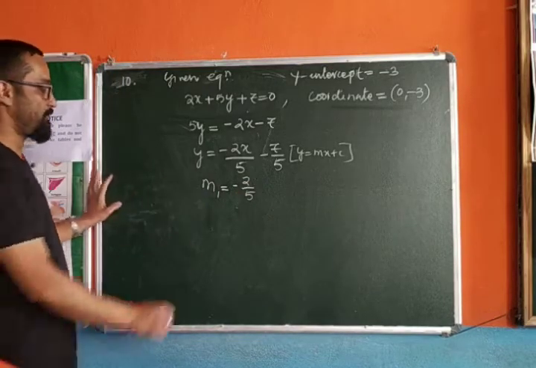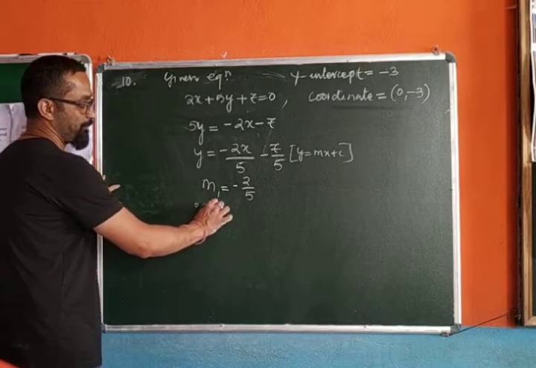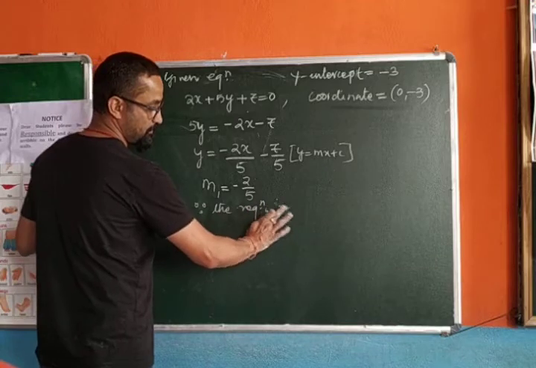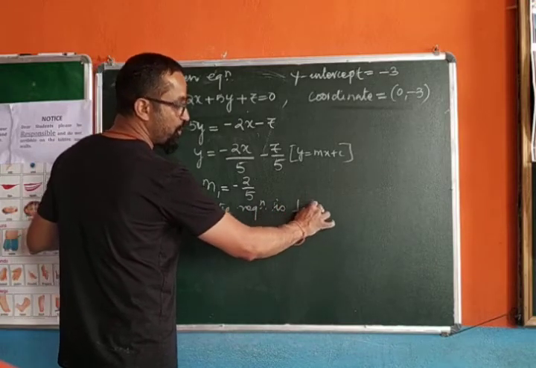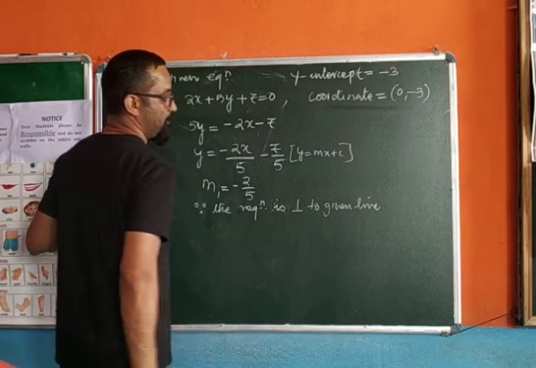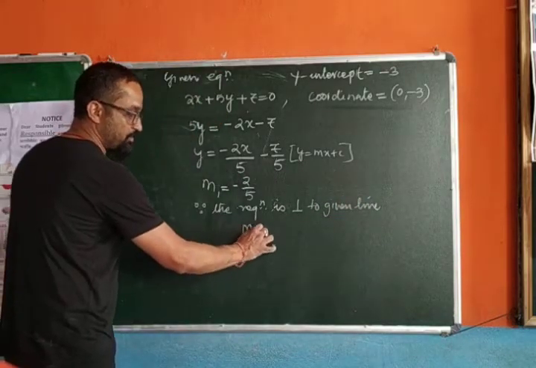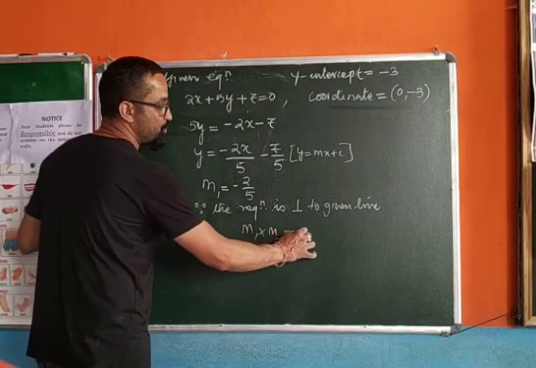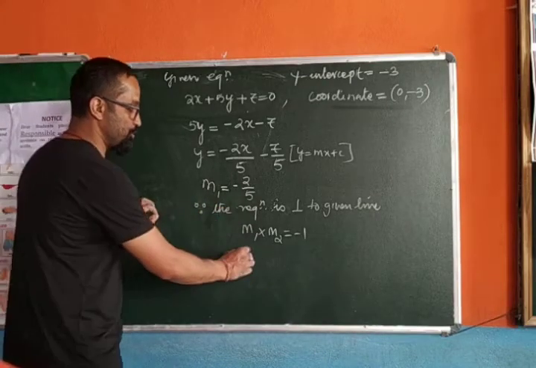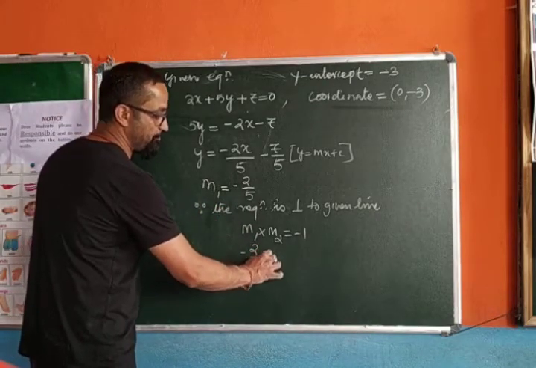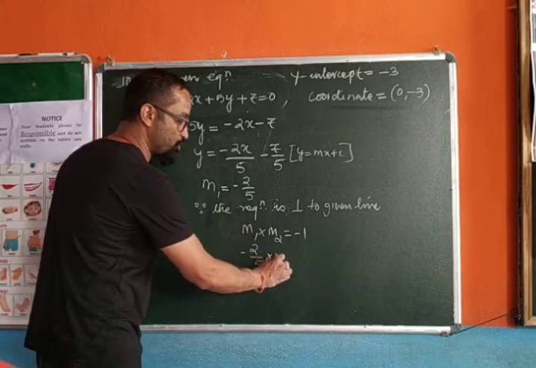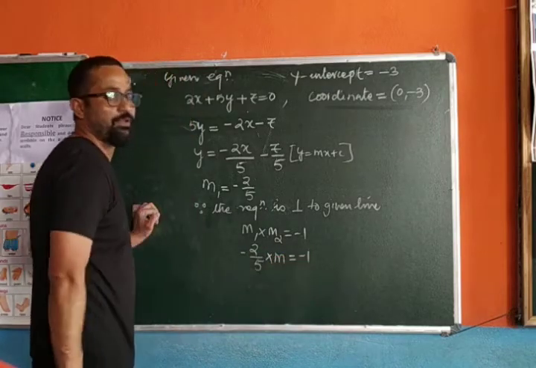Once you get m1, then you have to write again, since the required line is perpendicular to the given line, m1 multiplied by m2 is equal to minus 1. You have to write this. m1 you substitute, minus 2 divided by 5. And this m2 will be the required slope. So you change it to m, minus 1.